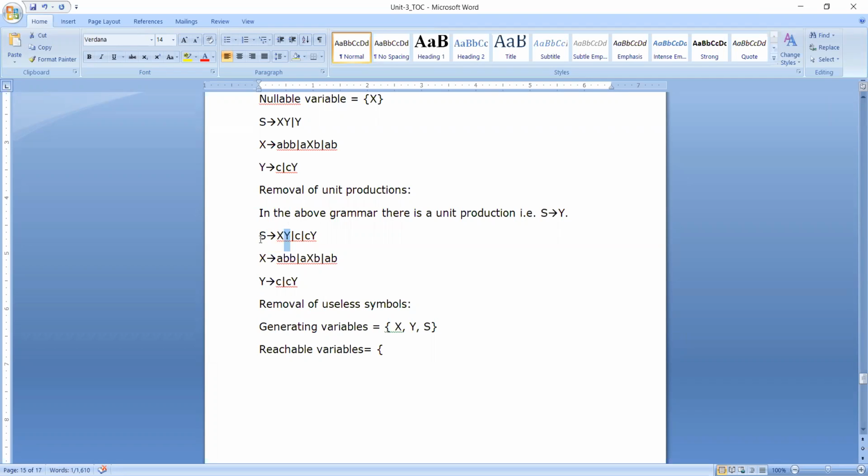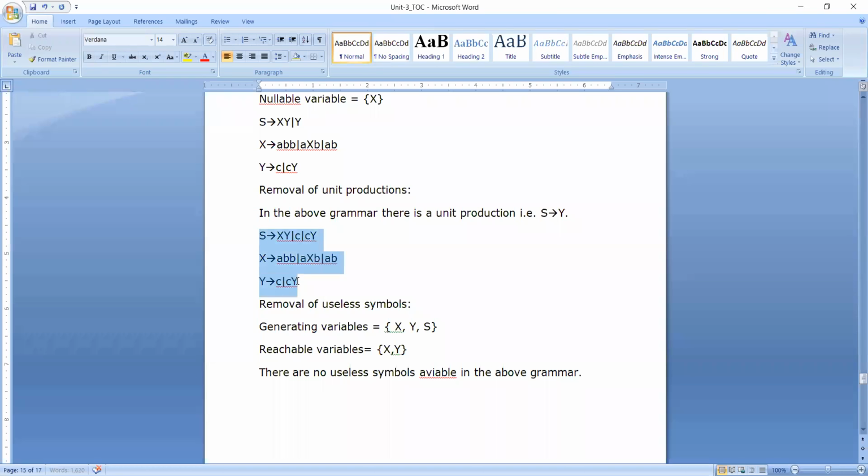Yes, I can reach capital Y also from the start symbol. So the reachable variables are X and Y. So here we can say that there are no useless symbols available in the above grammar.